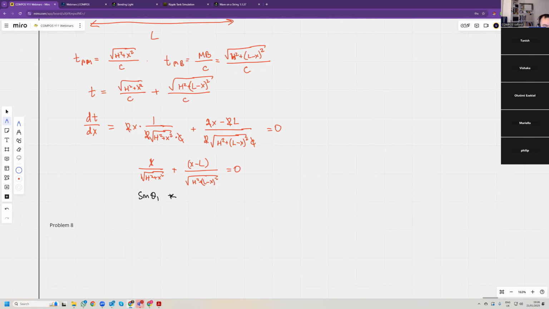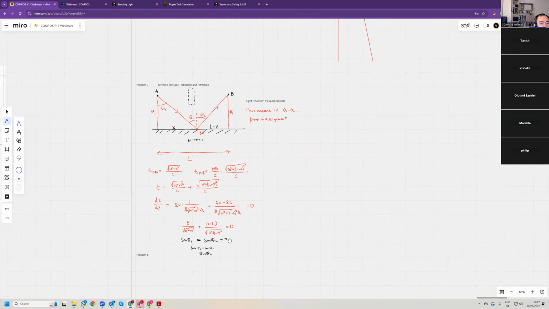So that's minus sine theta 2, equals 0. Therefore, sine theta 1 equals sine theta 2, and that means theta 1 equals theta 2. So I just proved it. Okay.